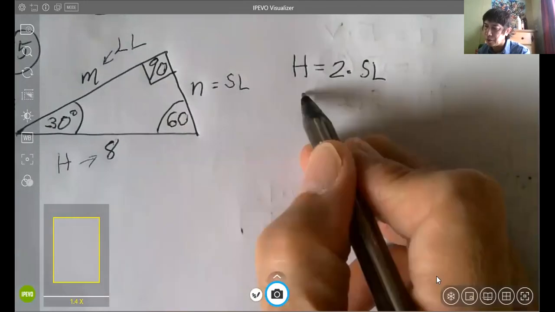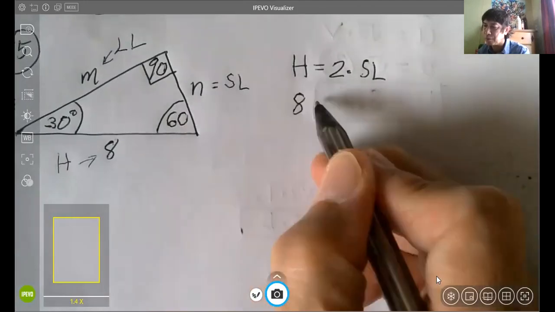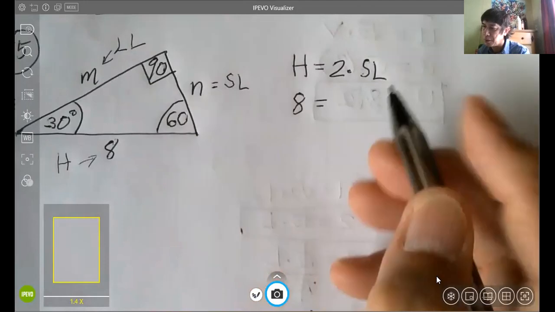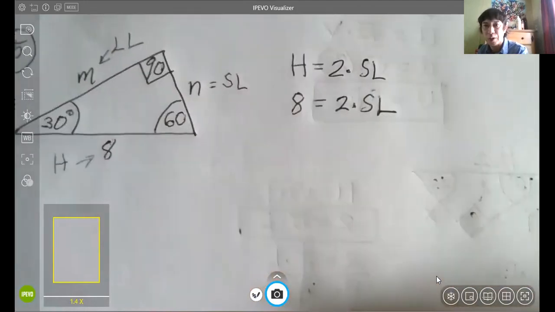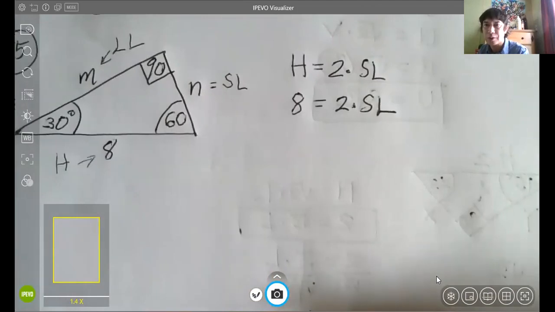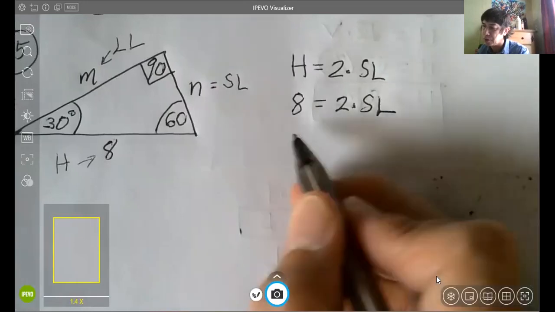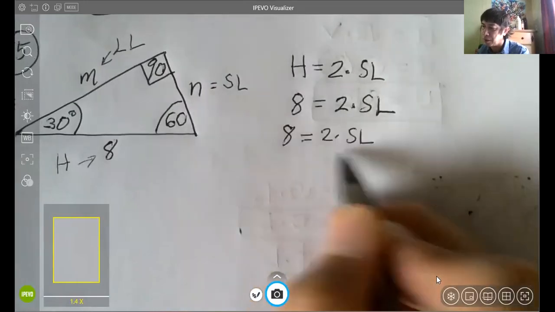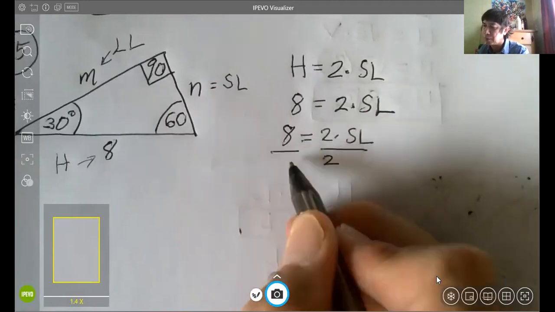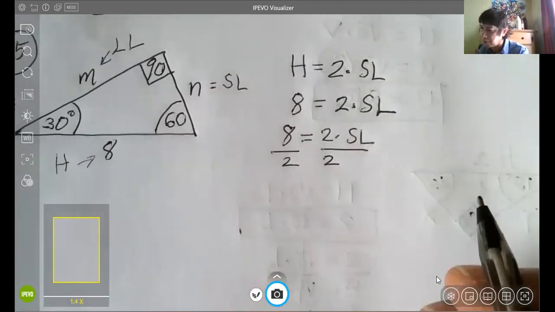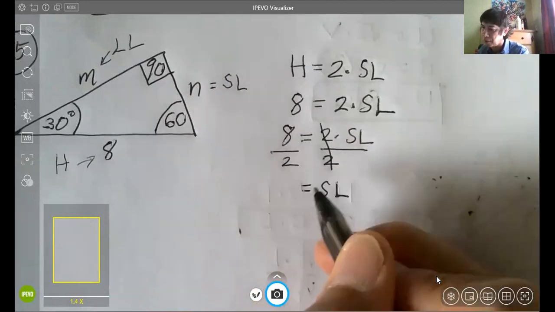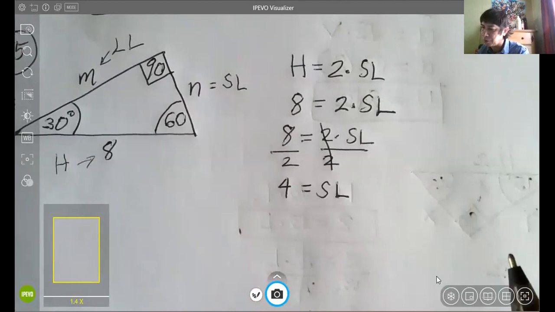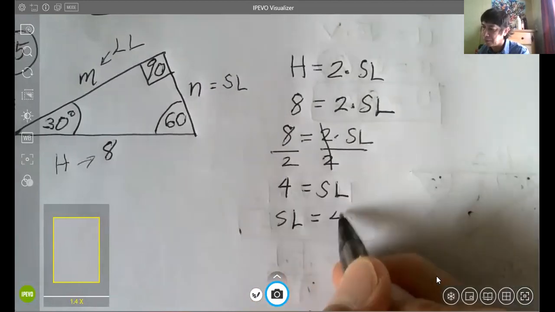So 8, substitute, direct substitution, 2 times the shorter leg there. And just one more step, and we have the size of the shorter leg. This is by way of division. So we have 8 is equal to 2 times the shorter leg. We shall divide this by the number 2. And this cancels out. Shorter leg is equal to 8 divided by 2 is 4. And we have shorter leg equal to 4.